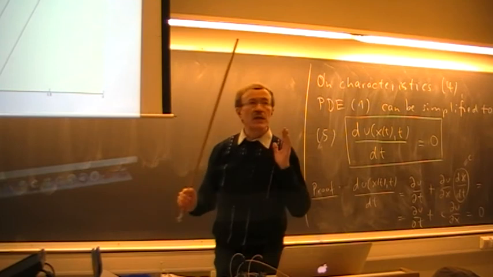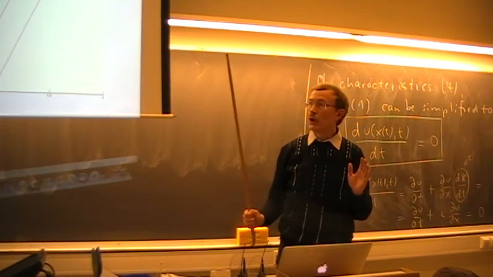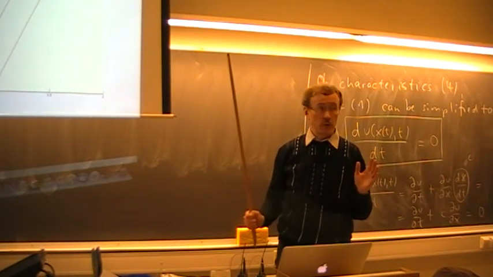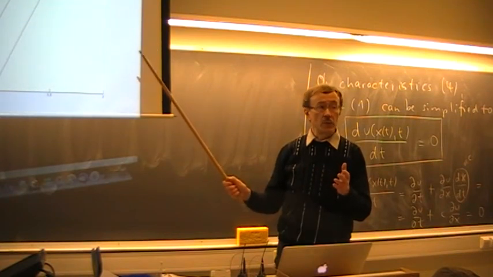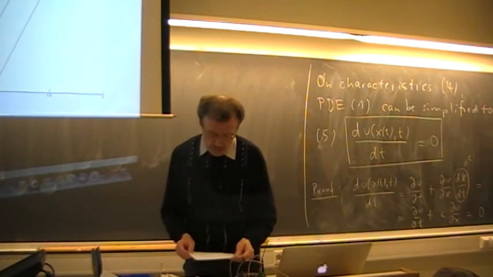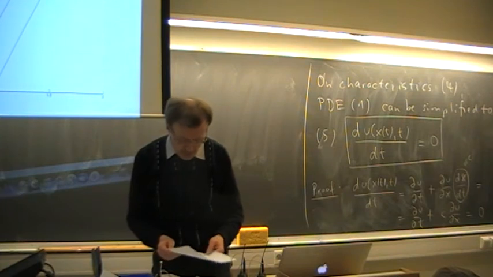So this is extremely important in computational fluid dynamics, to know where you must give boundary conditions and where not. And that you can understand already from the simple linear advection equation. So let us note that regarding boundary conditions.